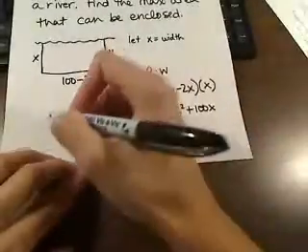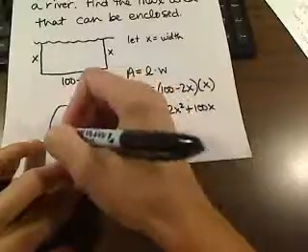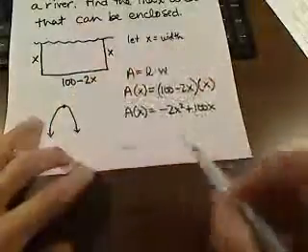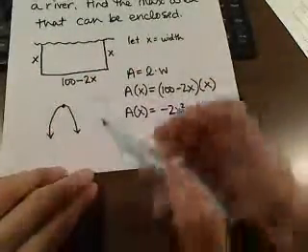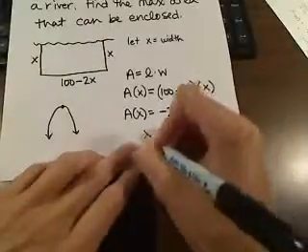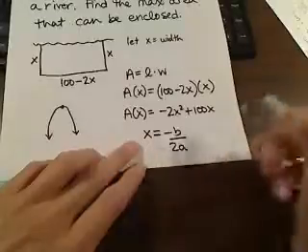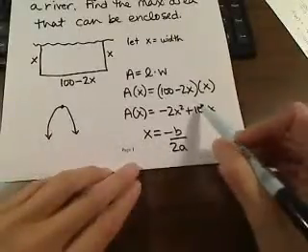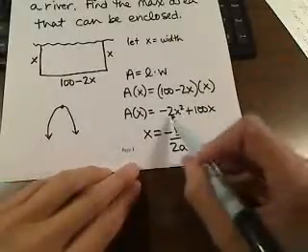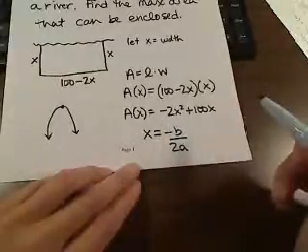And it's a concave down parabola, so we know that concave down parabolas have a maximum point at their vertex, okay? So to find the vertex, x is equal to negative b over 2a. Remember that b here is the coefficient of x and a is the coefficient of the x squared.